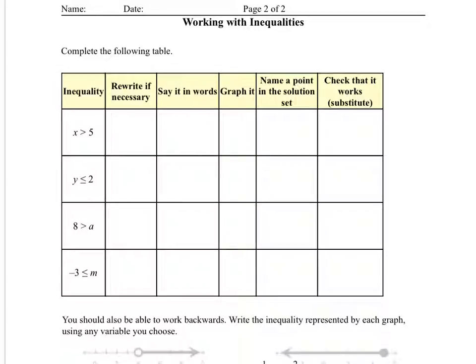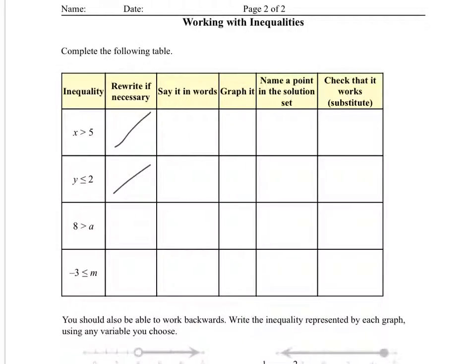So in the first one, x is greater than 5 is already written with the variable first. So we don't have to do that portion. Okay, y less than or equal to 2, we don't have to do it. But this next one with an 8 greater than a, that's not written the appropriate way. So we need to rewrite it.